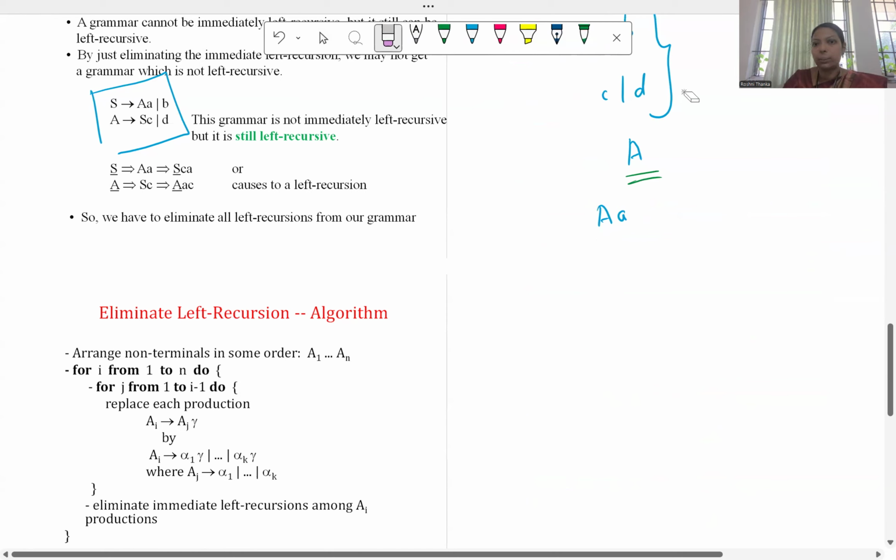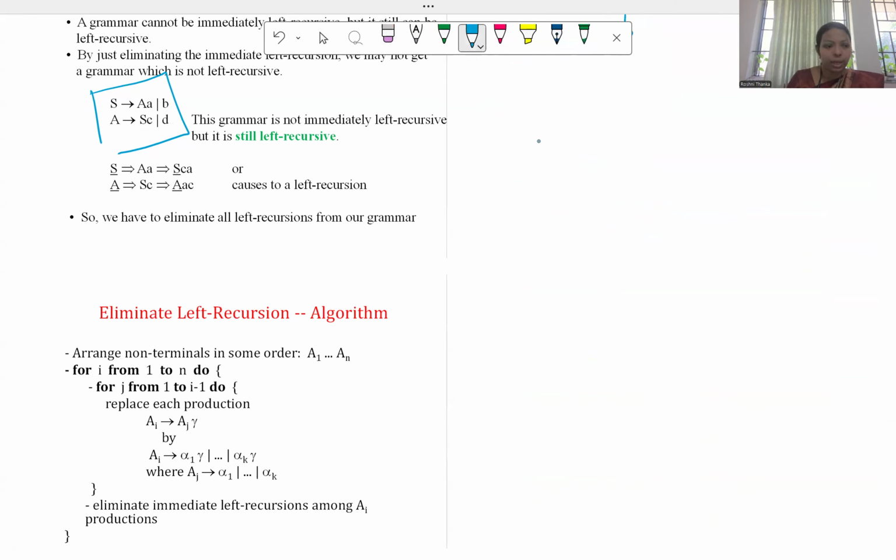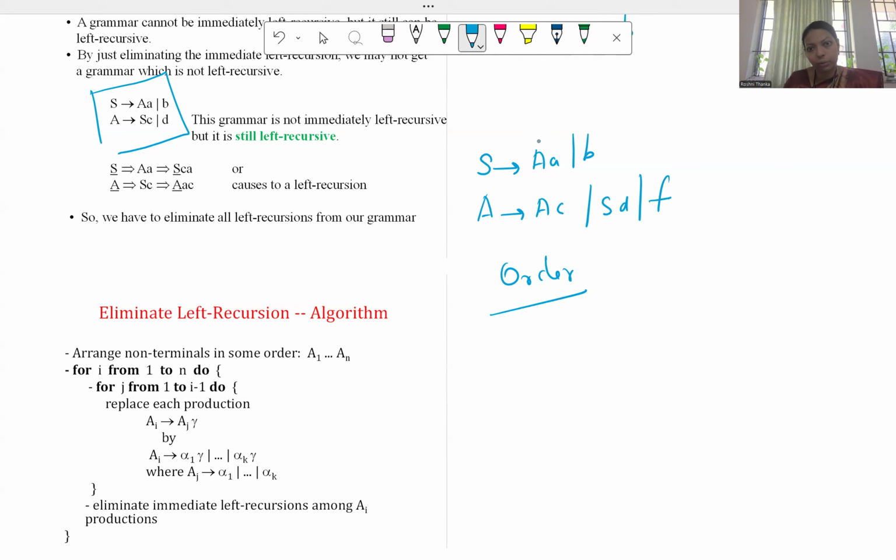The productions I'm going to take this time are similar to that: S tends to A, B, and then A tends to A, C, and S, D, F. What is the first thing we have to do? First, we have to order it. In case one, we are going to order it as first S and then A.